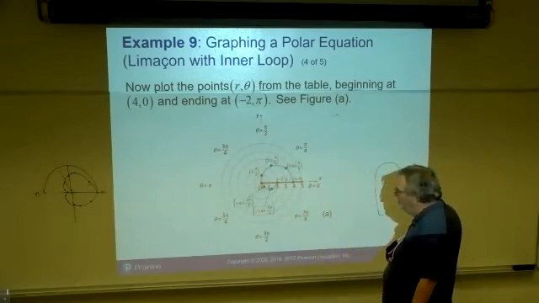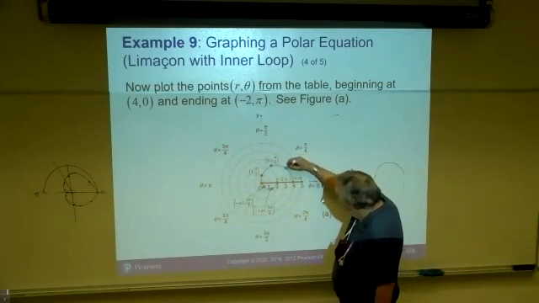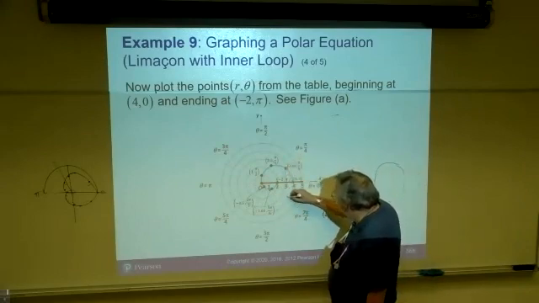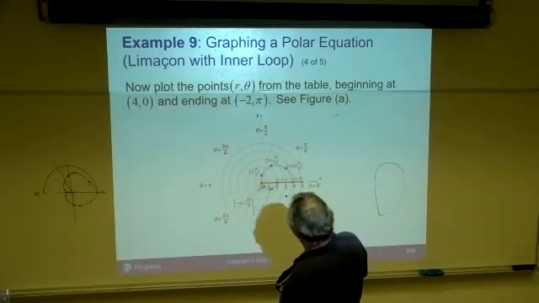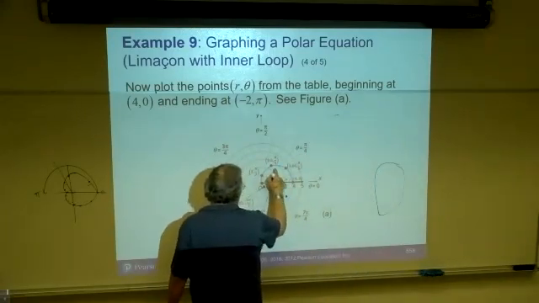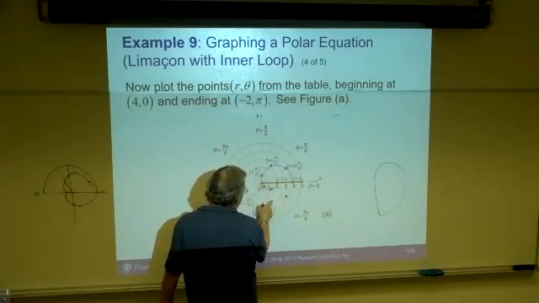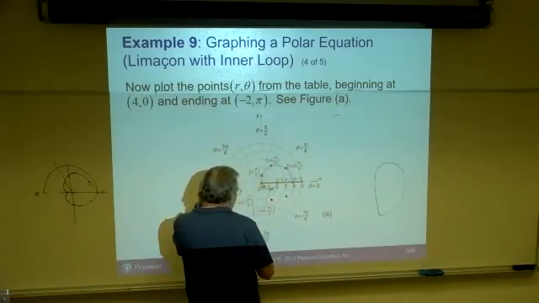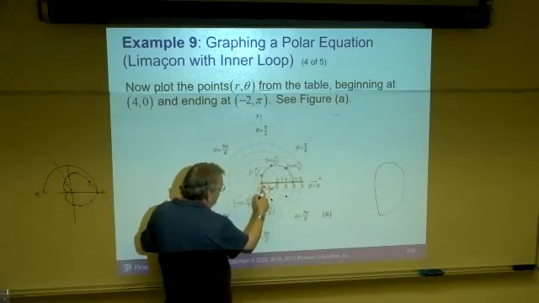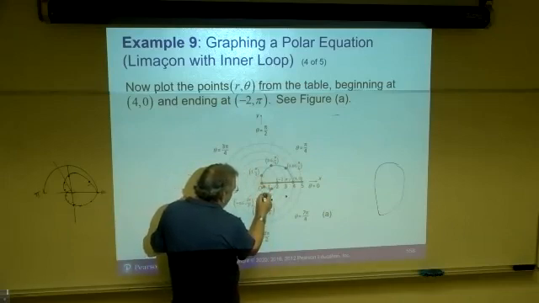And so you graph all those points, and then you look for their image. So this one is going to be here. And this one is going to be, see, 1, 2, 3, 4. So that one's going to be here. And this one's going to be here.